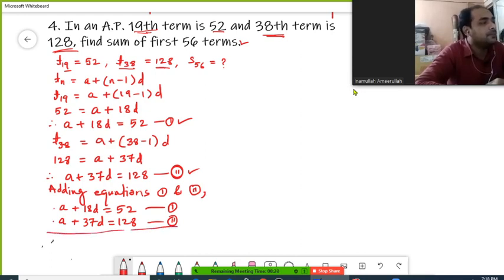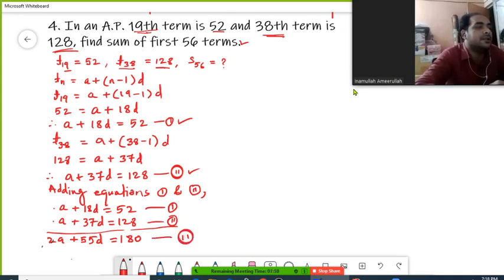So A plus A is 2A, plus 18 plus 37 is 55D, equals 128 plus 52. So it is 180. Now we have 2A plus 55D equals 180. I'll call this my equation number 3.